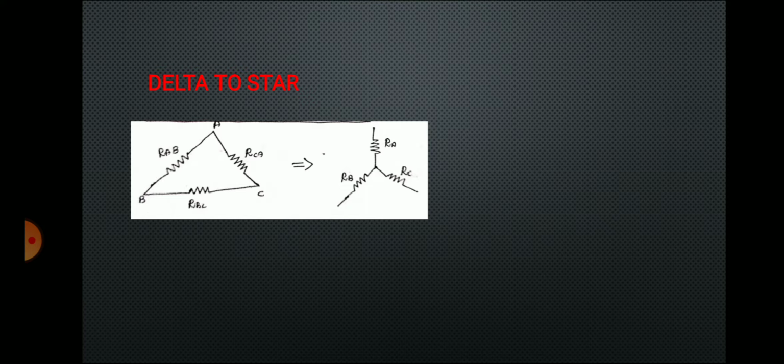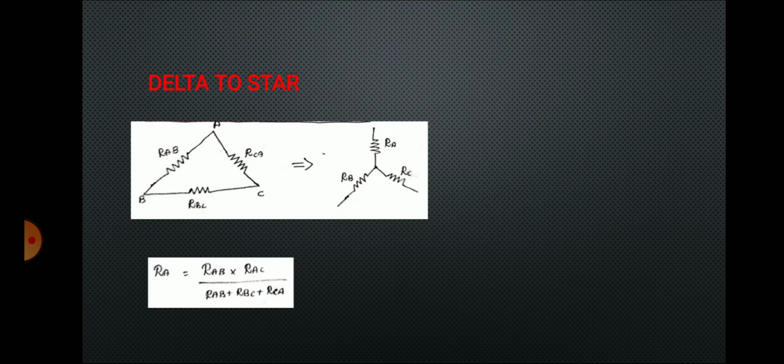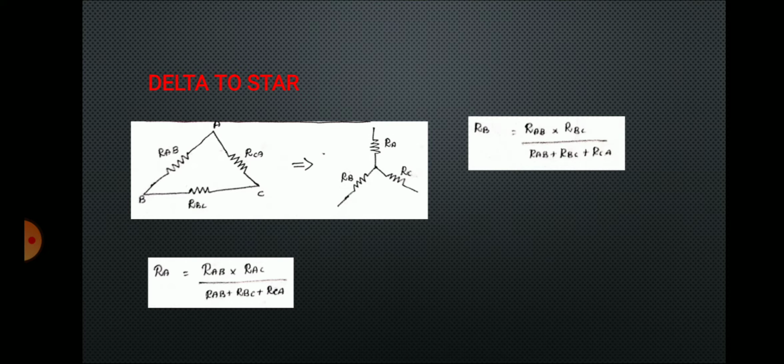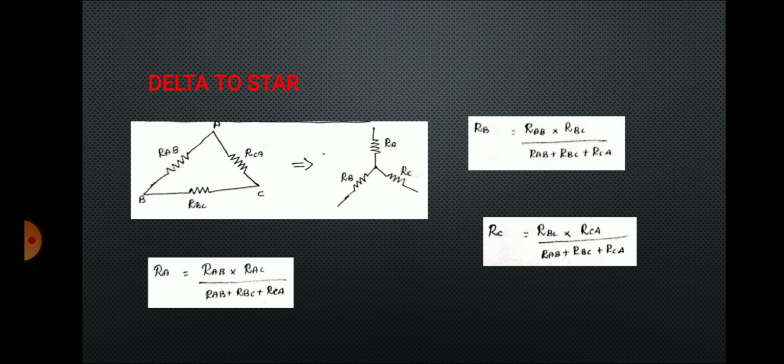For this, we need to derive the conversion formula for computing the different resistors among the different terminals. The formula for the star resistance RA is equal to RAB into RAC divided by RAB plus RBC plus RCA. Similarly, the formulas for RB and RC.